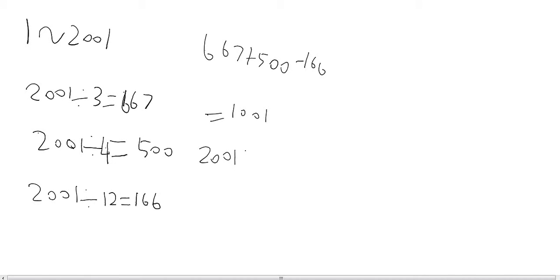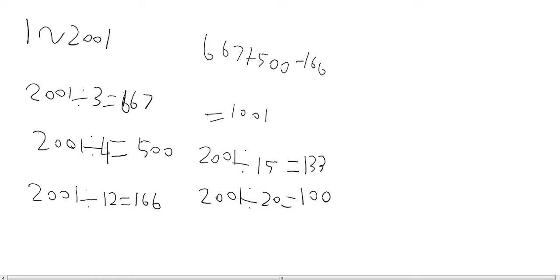So 2001 divided by 15 is 133. Here I'm only taking account of the quotient because we don't really care about the remainder. And if we divide 2001 by 20, then we get 100.